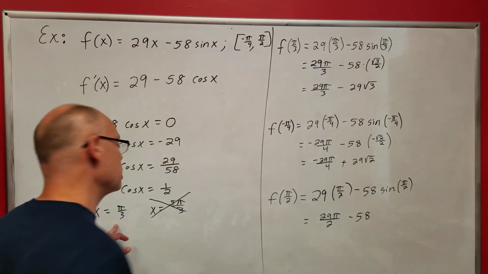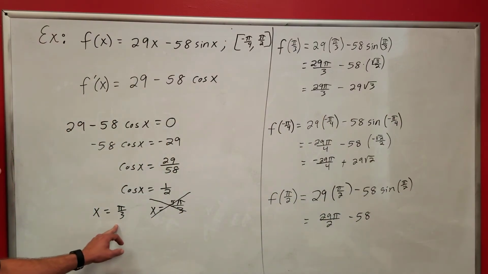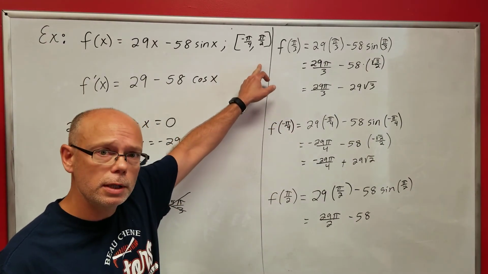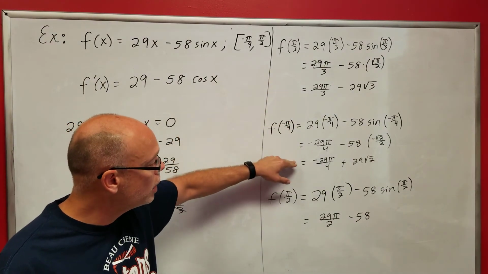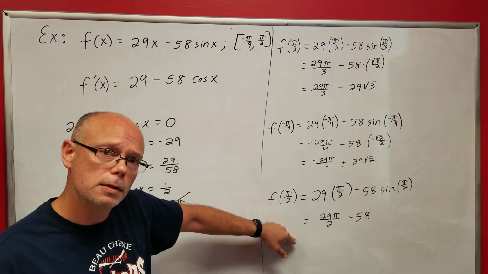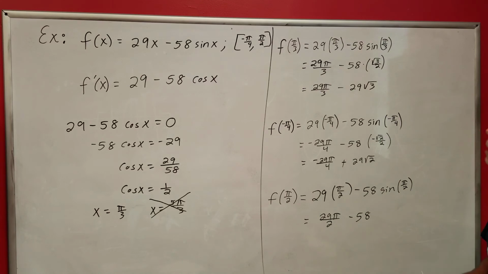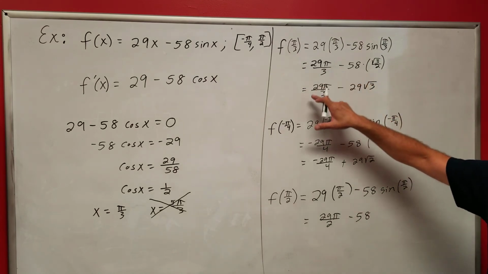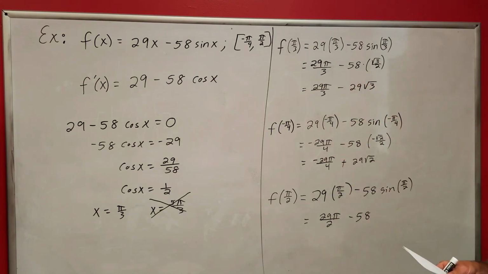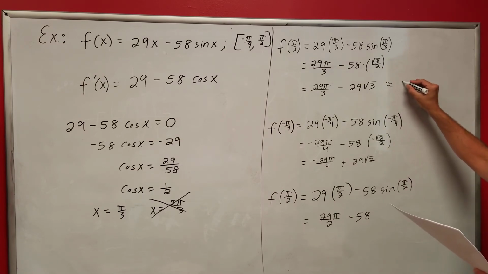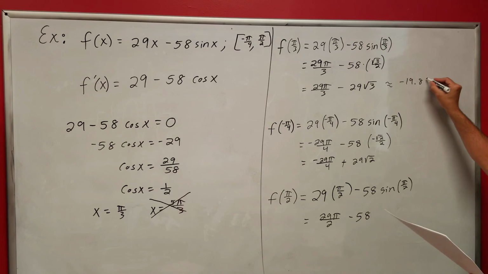All right, so I found the critical points. I evaluated f at this critical point and at each one of these endpoints. Now I have to determine which one's the greatest and which one's the least. Well, I might need a calculator to help me out with this. If I plug this into my calculator, f at pi over 3, I got approximately negative 19.86.